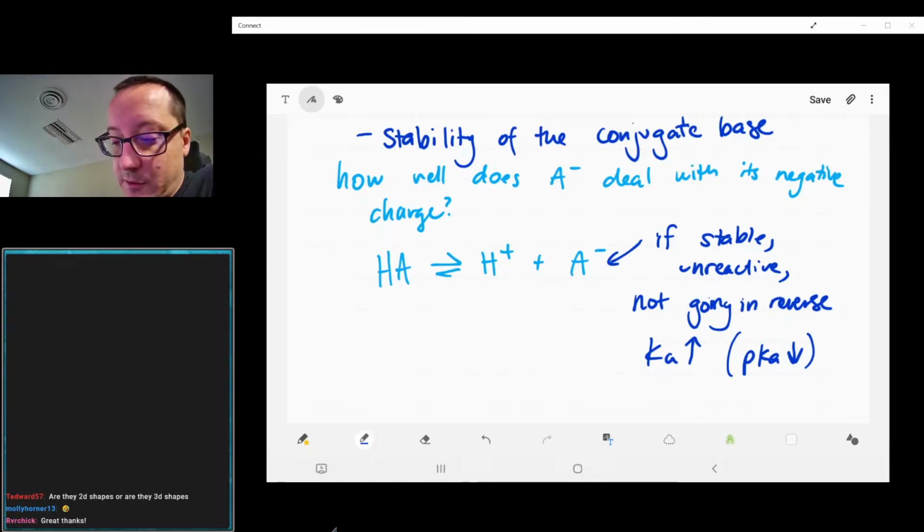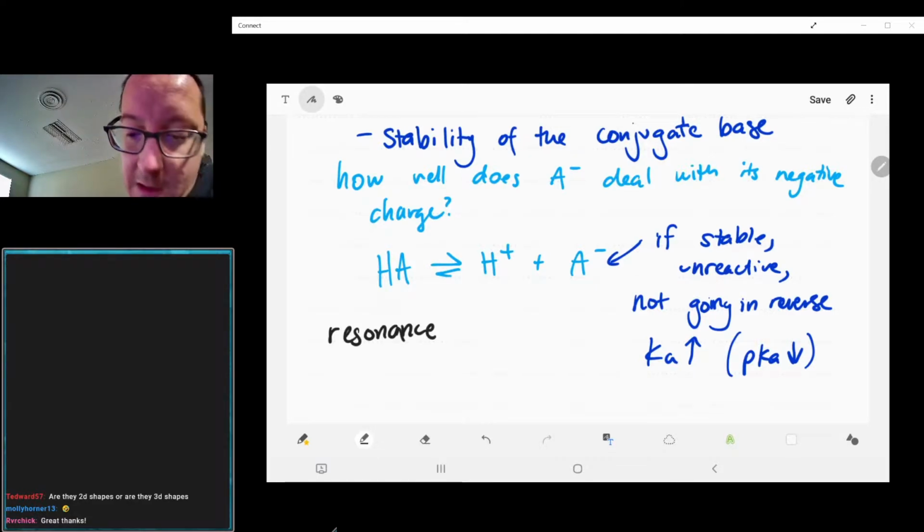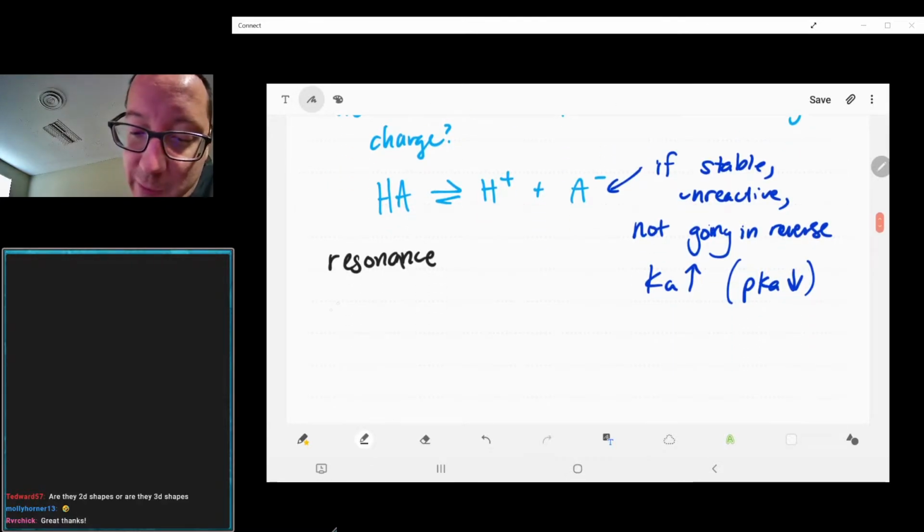All right, so there are a couple of factors here we can look at. One of which is going to be resonance. That's going to be one factor here. So we're going to see there's a category of organic acids called carboxylic acids.